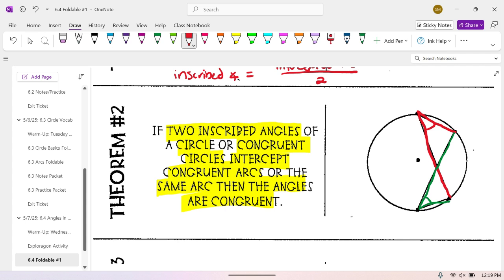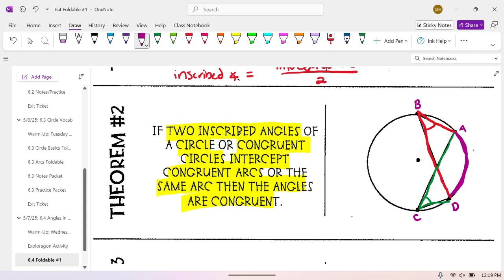Guys, what arc does this intercept? Let's, for example, call this A, B, C, and D. What arc do those two inscribed angles intercept? AD. They both intercept AD.